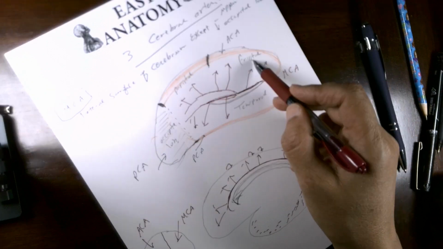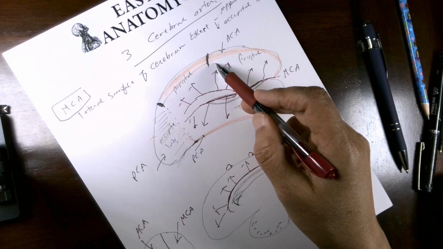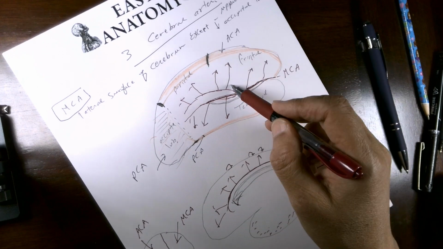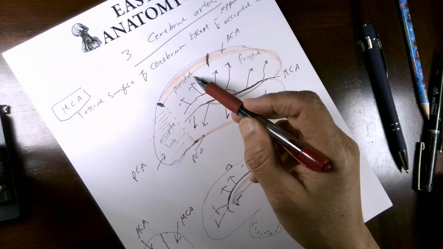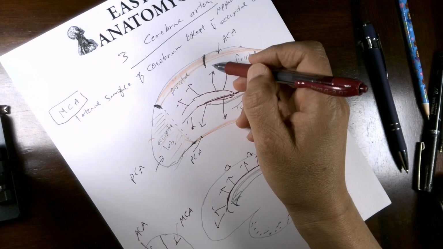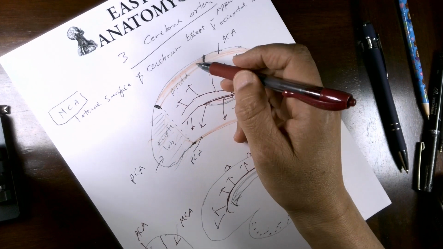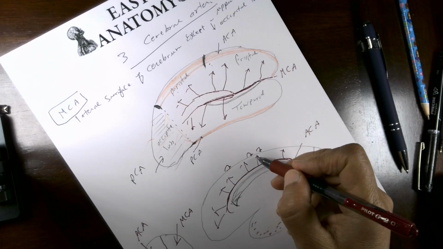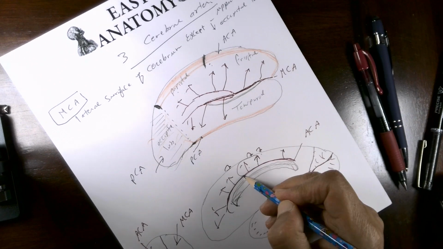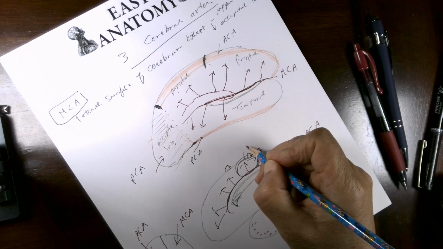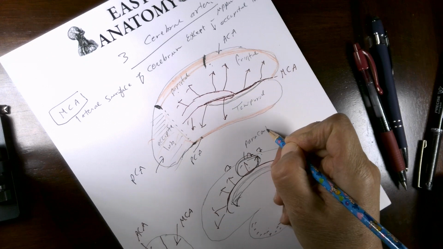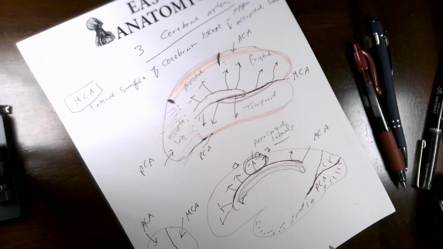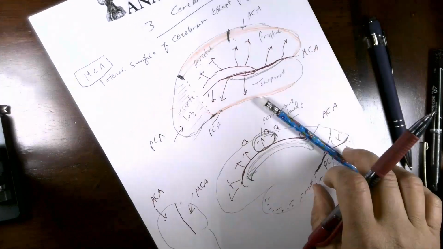Motor area in the precentral gyrus, frontal eye field area, motor speech area, sensory area, except the area related to the lower extremity, because this is reserved to the anterior cerebral artery. Remember the paracentral lobule here in the medial surface of the brain. So this is the medial surface, this is the lateral surface, just to remind you.